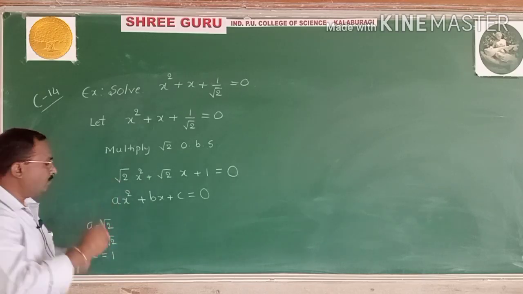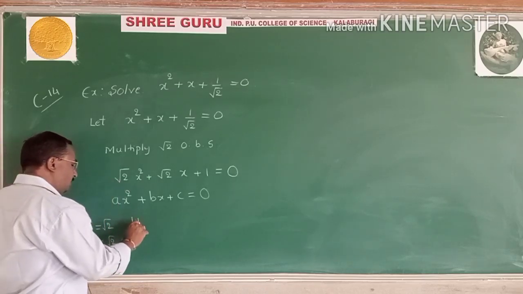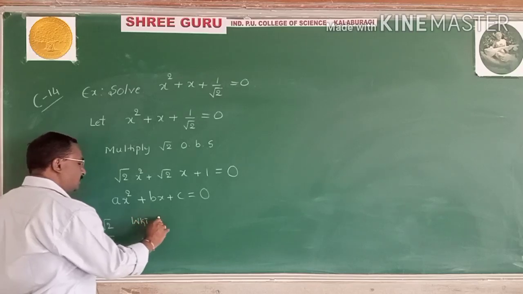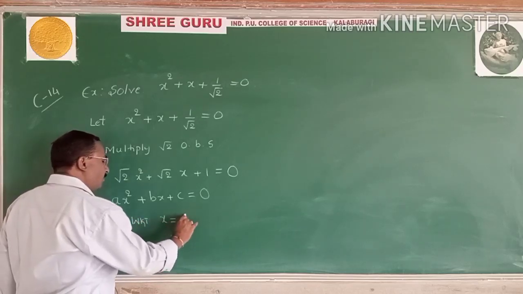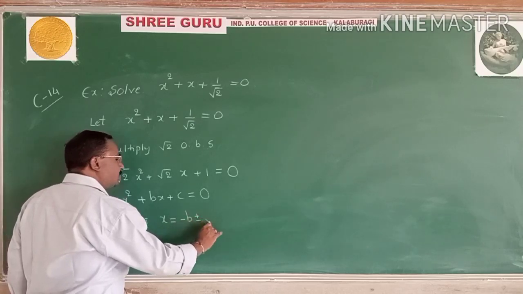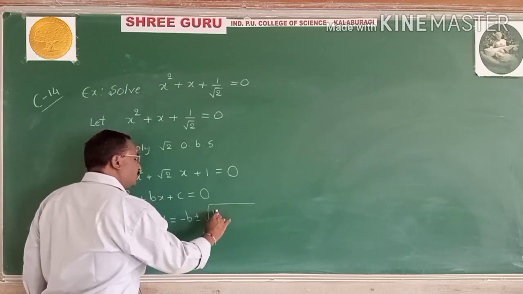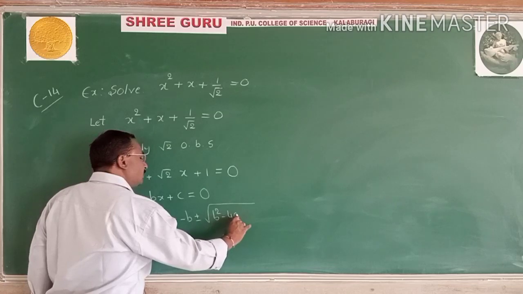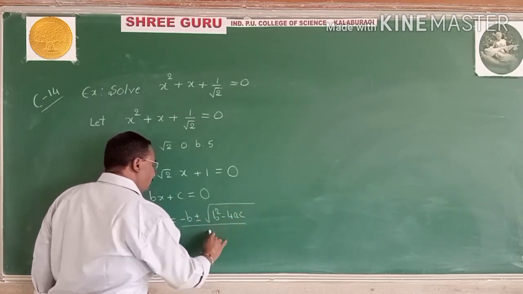We know that the formula is x is equal to minus b plus or minus square root of b square minus 4ac divided by 2a.